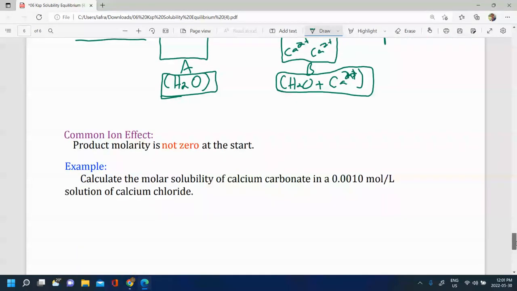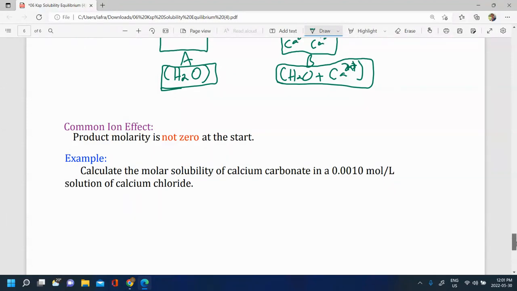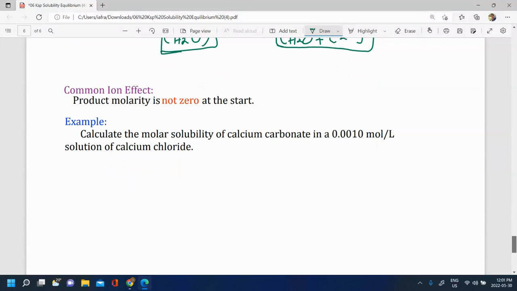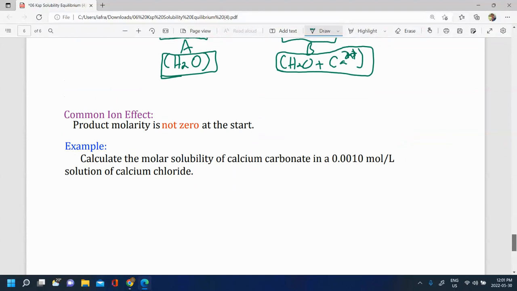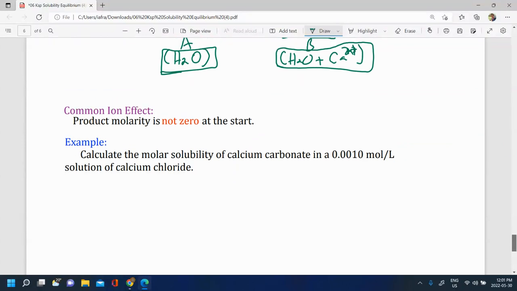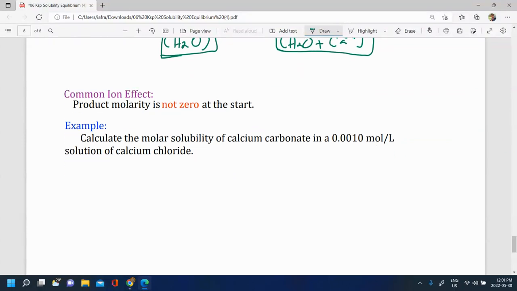So here we have: calculate the molar solubility of calcium carbonate in a 0.0010 mole per liter solution of calcium chloride. Okay, interesting. So we want to find the molar solubility of calcium carbonate.